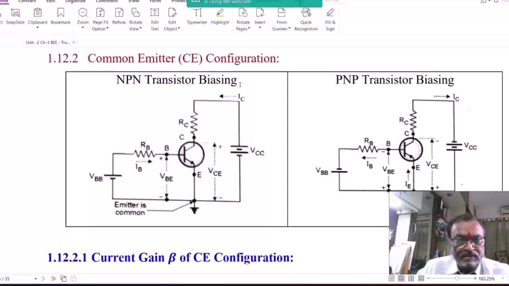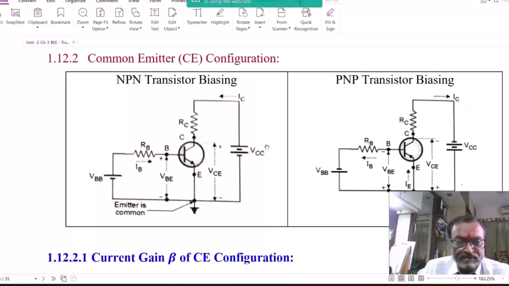Here in the first figure, the NPN transistor biasing is shown in common emitter configuration. See, the base to emitter junction is forward biased by the supply voltage VBB, that is the base circuit supply, whereas the collector to base junction is reverse biased by the collector circuit supply VCC.